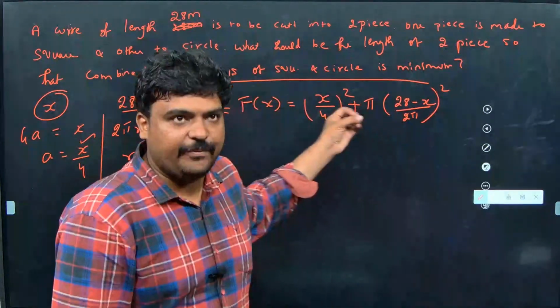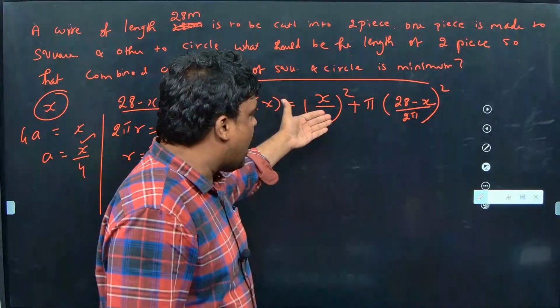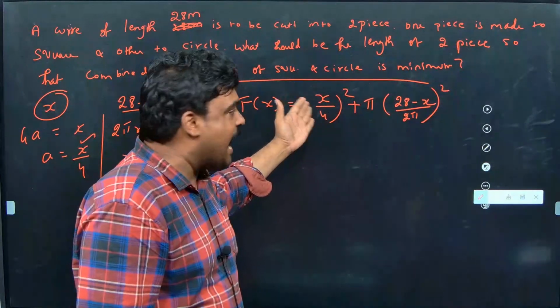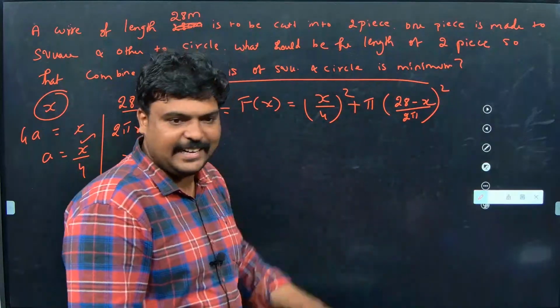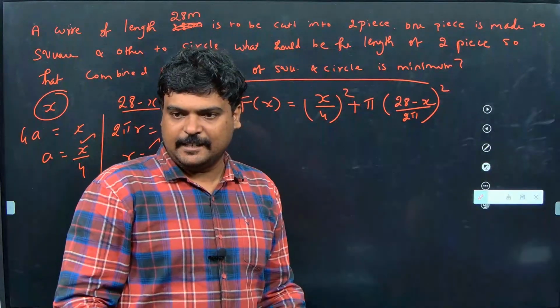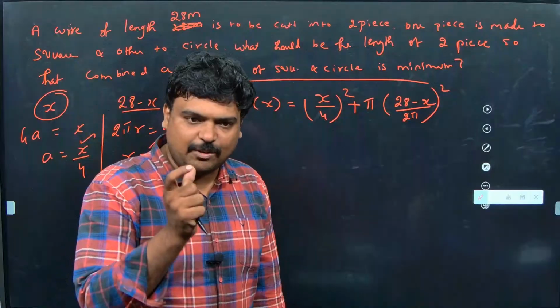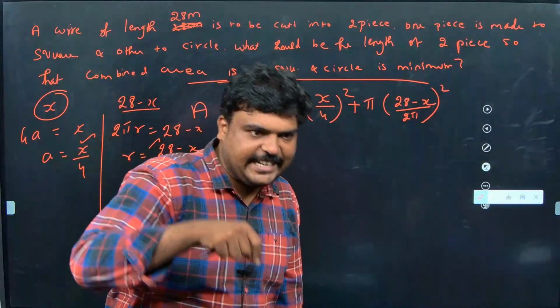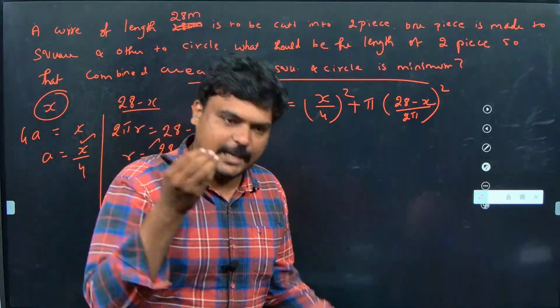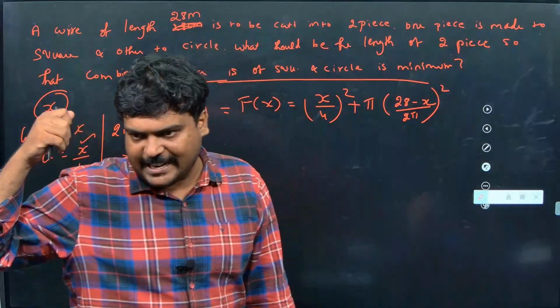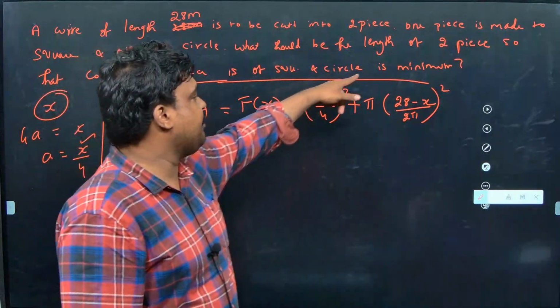Now I got f of x. Now this is a normal function having pi as constant, x இருக்கு, differentiate, equate to 0, you will get one value, double differentiate for checking second order, substitute that value. If you are getting the answer in positive, then it is going to be minimum.